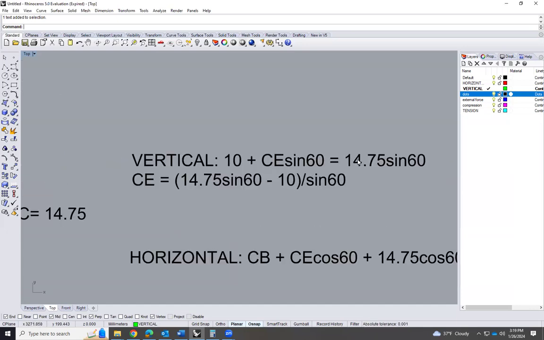Okay, so we have 14.75 times sine 60. This 10 goes to that side of the equation, negative 10. And then we only have CE times sine 60, so we divide everything. That's why I have the parentheses here, divided by sine 60.